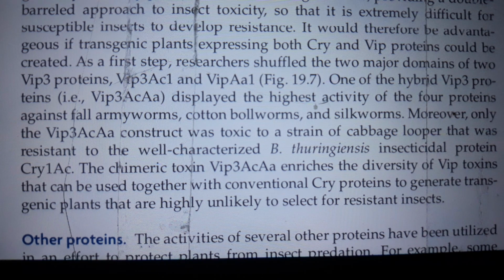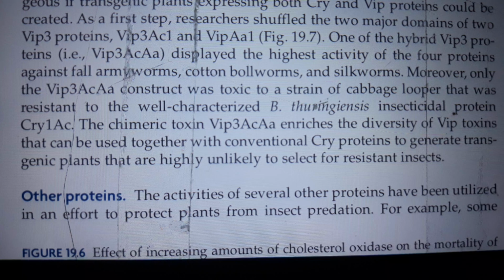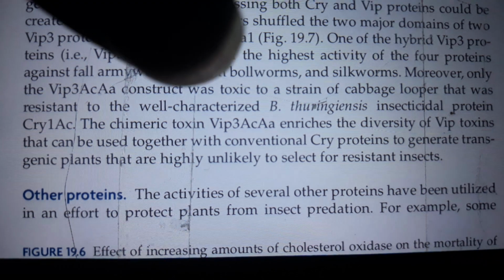Moreover, the VIP3 ACHA construct was toxic to a strain of cabbage looper that was resistant to the well-characterized Bt-engineered insecticidal protein. The chimeric toxin enriches the diversity of constructs that can be used together with conventional Cry proteins to generate transgenic plants that are highly unlikely to select for resistant insects.